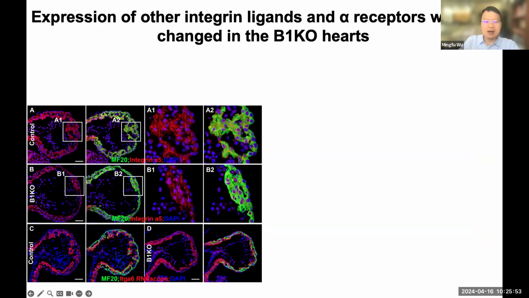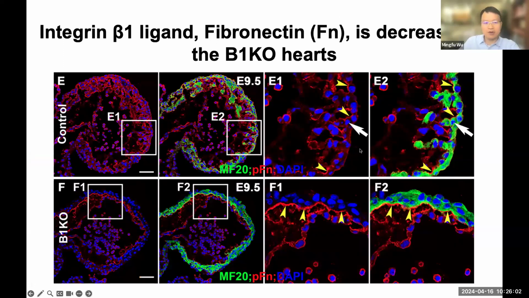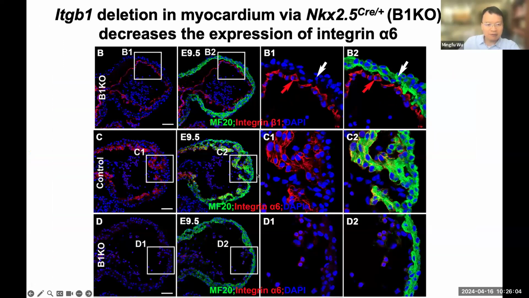And we also examine other alpha subunits and other ligands. By the way, the function of integrin alpha 6 in trabecular morphogenesis is being studied in the lab by one of the graduate students.